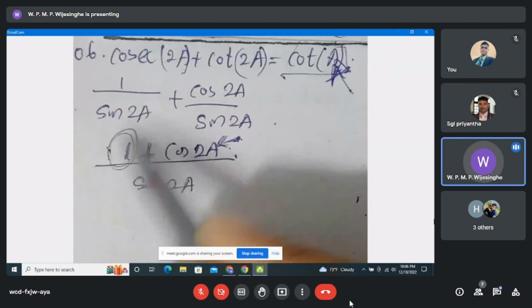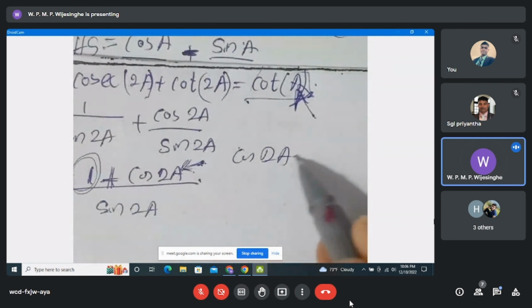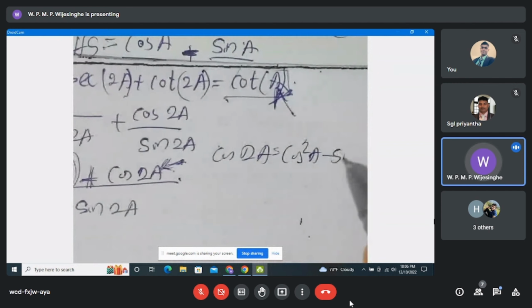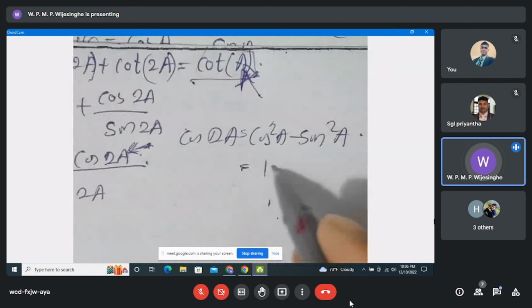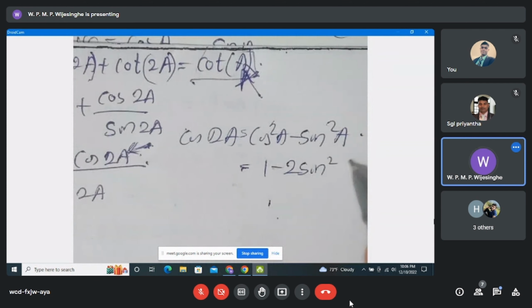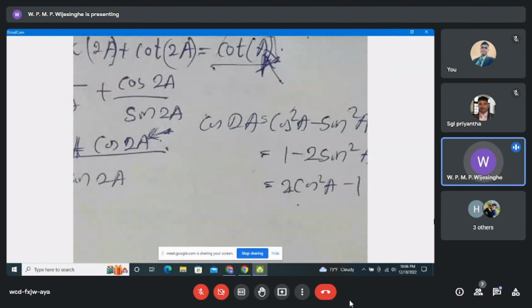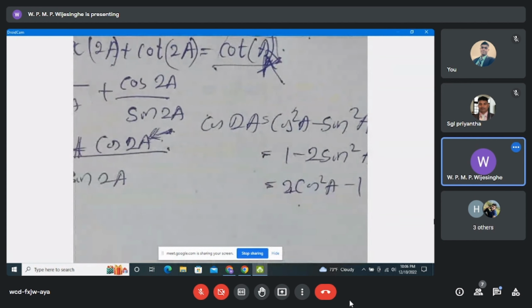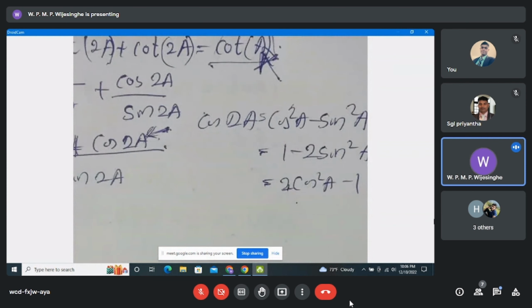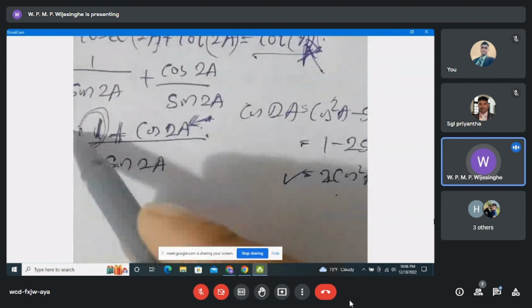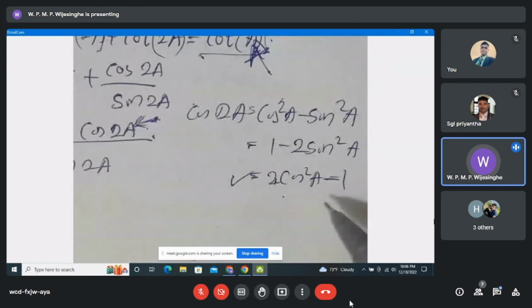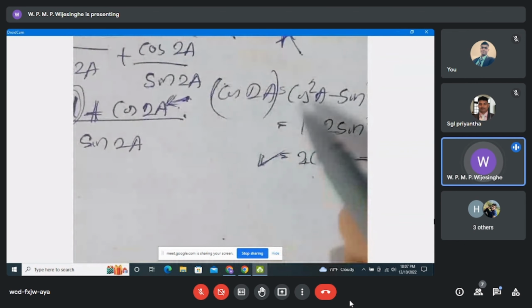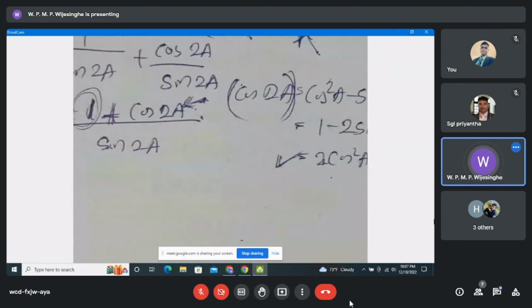Cos 2A is cos square A minus sin square A, and as well as 1 minus 2 sin square A and 2 cos square A minus 1. Which will cancel this one here? This term will cancel here because here it is positive, here it is negative. So I select this term to expand instead of this cos 2A, right?